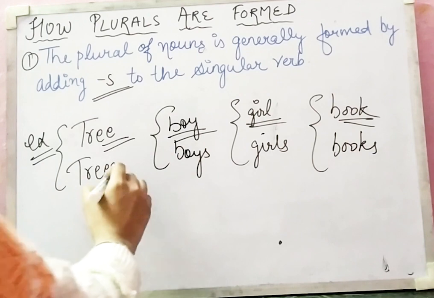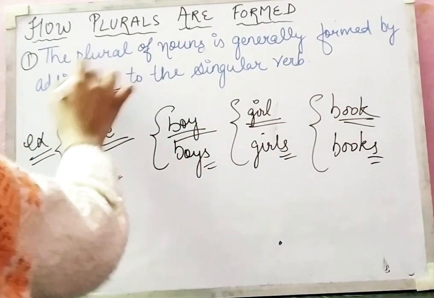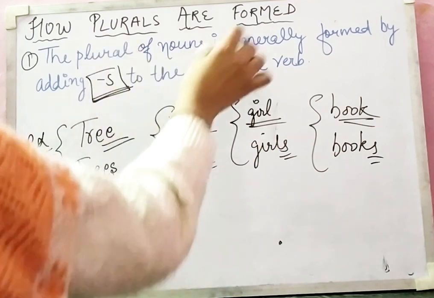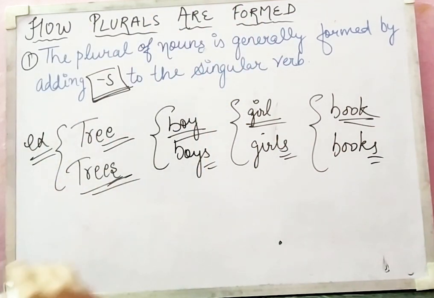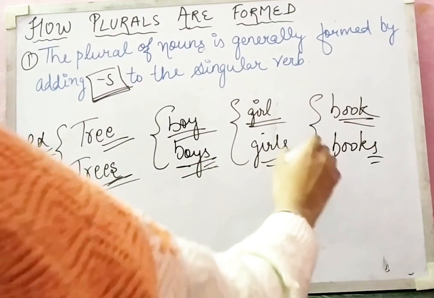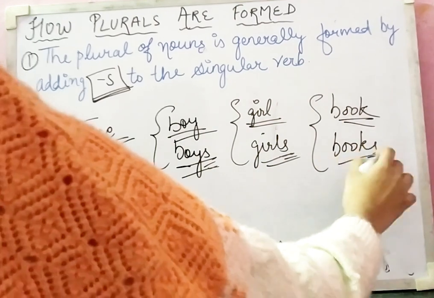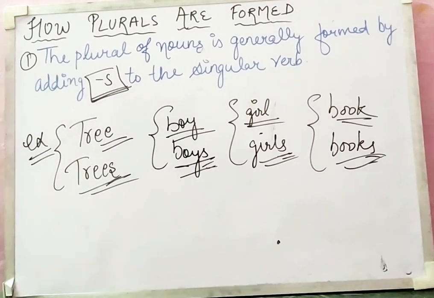And in the plural, s is there, and you all know that s can be used to form a plural, meaning more than one. Trees means more than one tree, boys means more than one boy, girls means more than one girl, books means more than one book. So these are examples of the first way to form plurals.